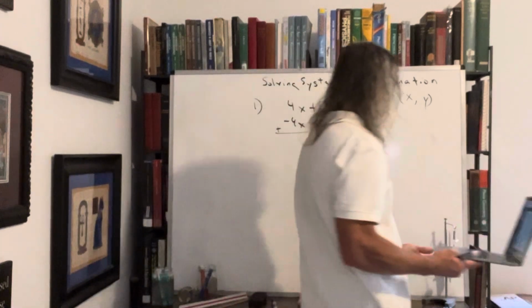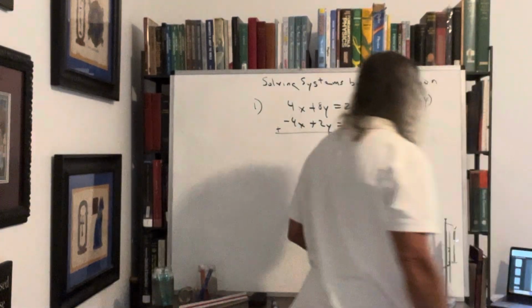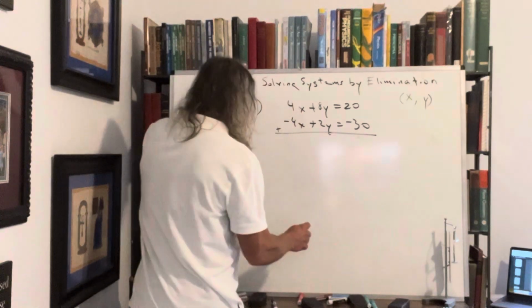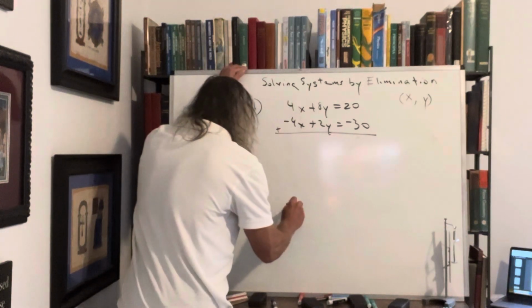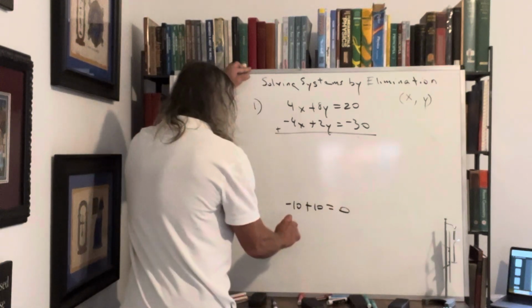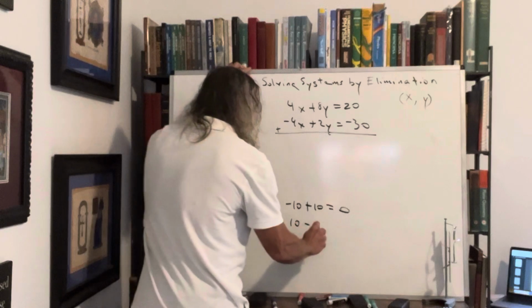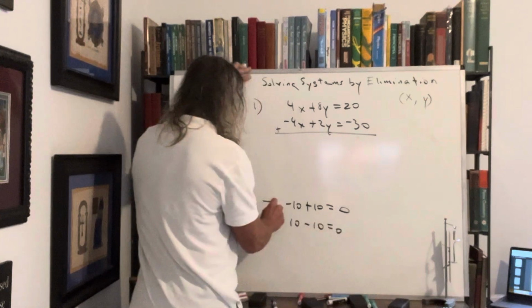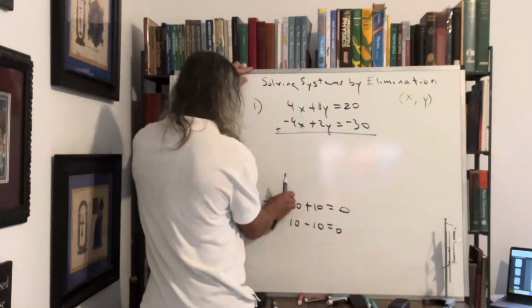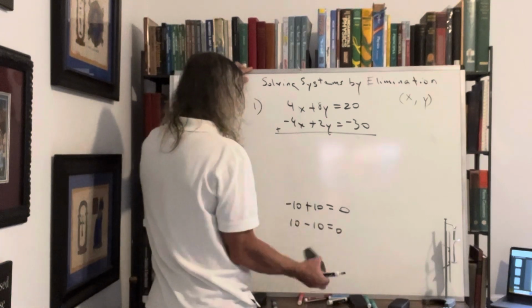Okay. And we want to cancel out a letter. And remember, the idea we're using is a number plus its opposite is 0, or a number minus itself is 0. But I'll focus on adding every time. A number and its opposite is 0.